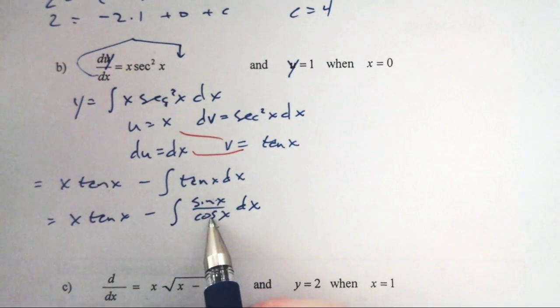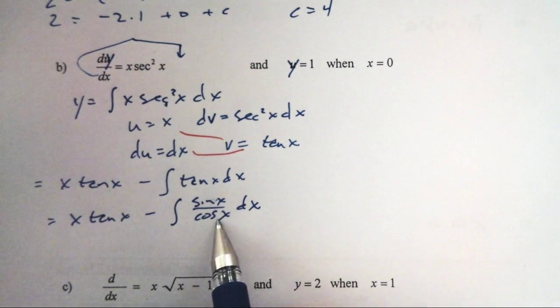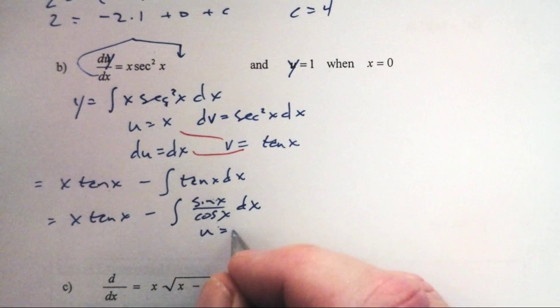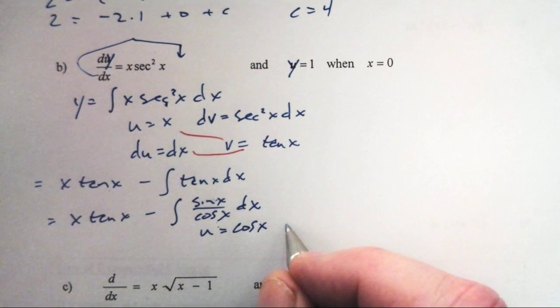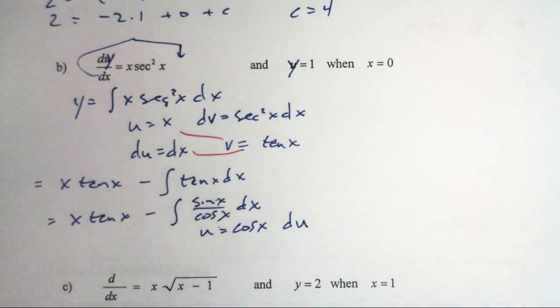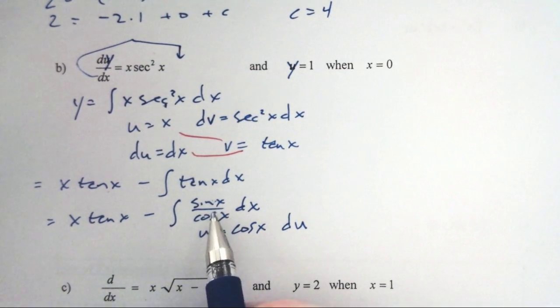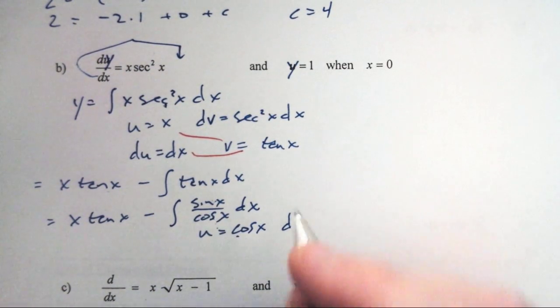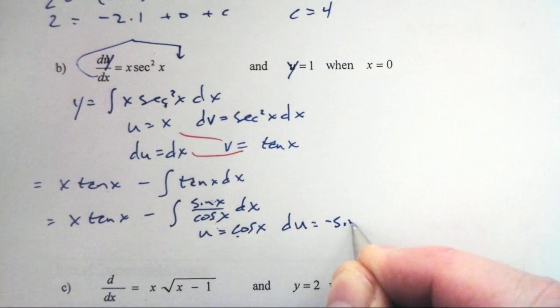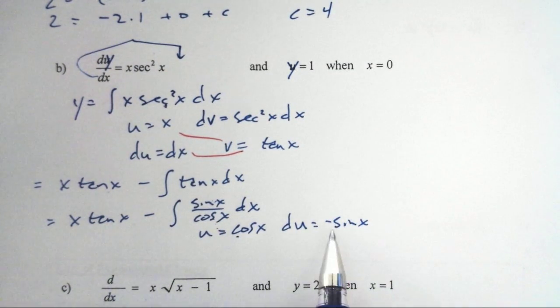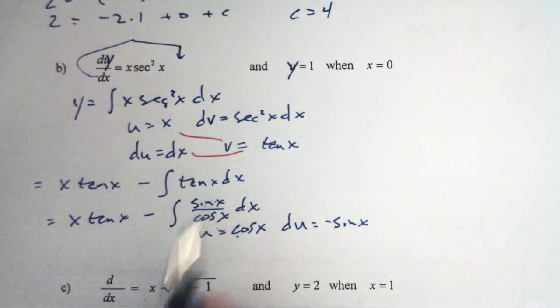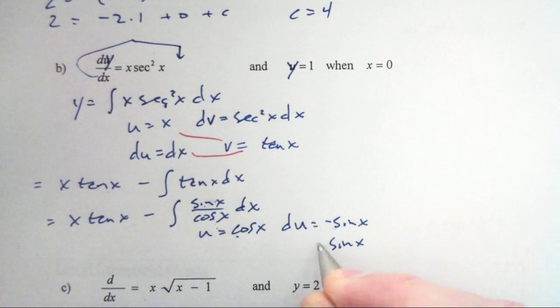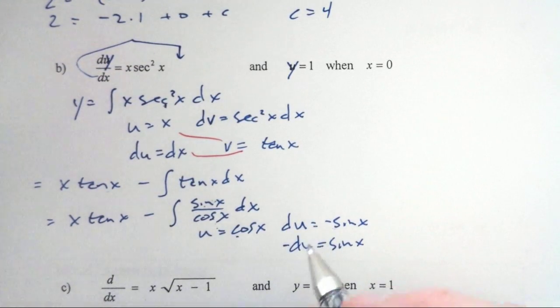If it's cosine over sine, u is going to be sine, but in this case, u is going to be cosine of x. That makes du the derivative of cosine, which is negative sine, but I might rather that be plain old sine since I have plain old sine here, so sine of x dx is negative du.